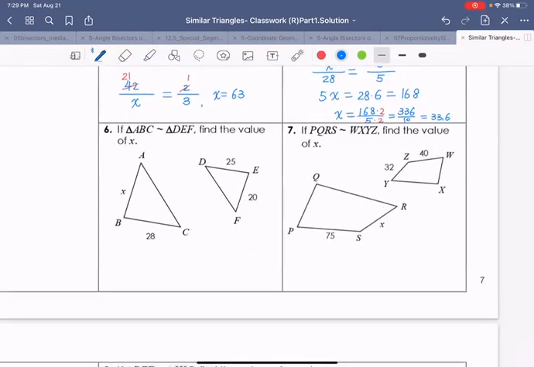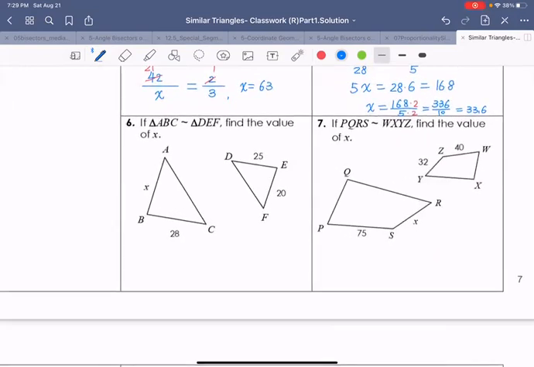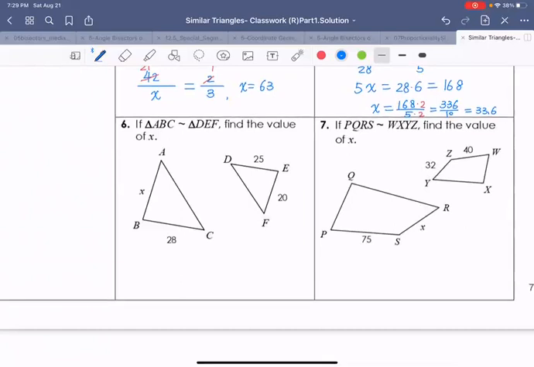Next, number 6. Alan. Let's go ahead to number 6, please. Okay. How do you want to list the proportion? 28 over 25. So that's BC over DE, right? Yeah.